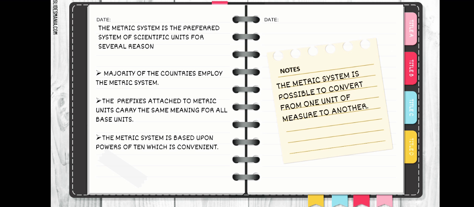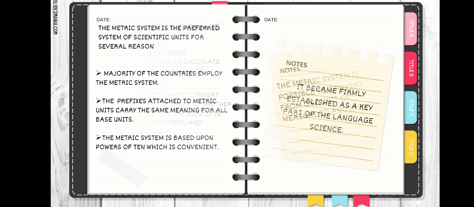Since our objective is to be able to convert from one unit of measure to another, I am going to give some ways on how to convert from one unit of measure to another.